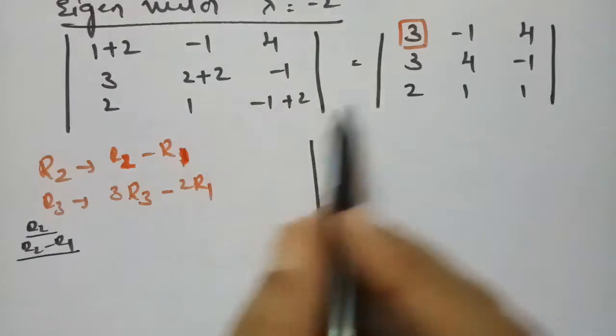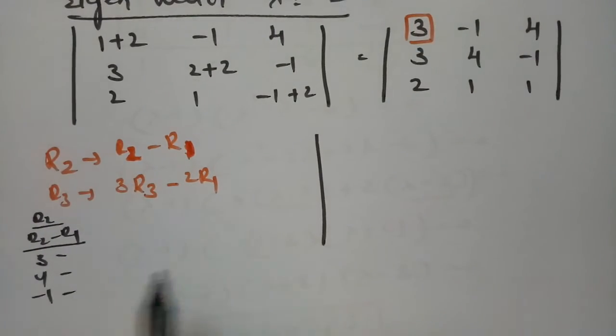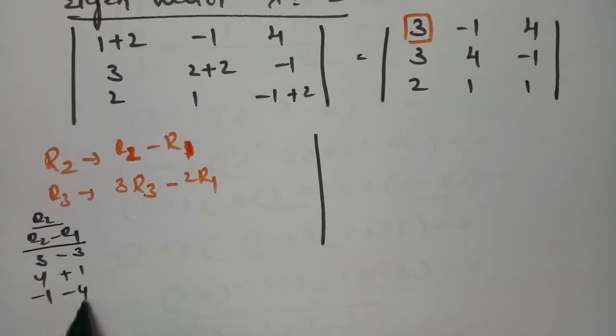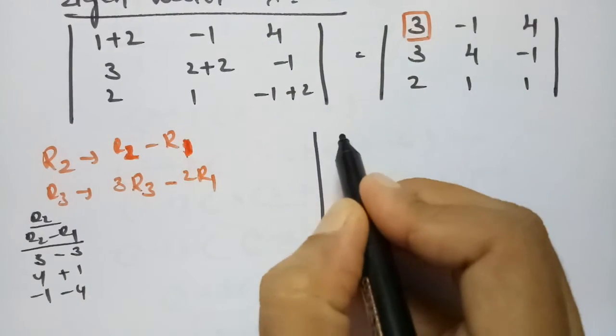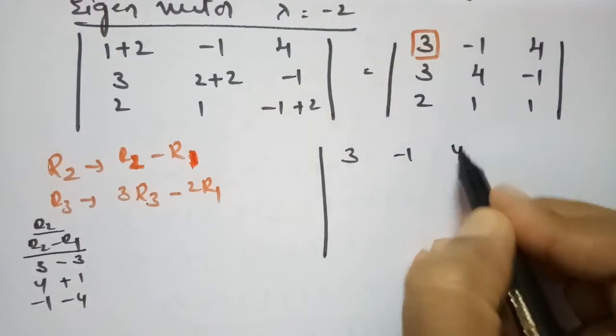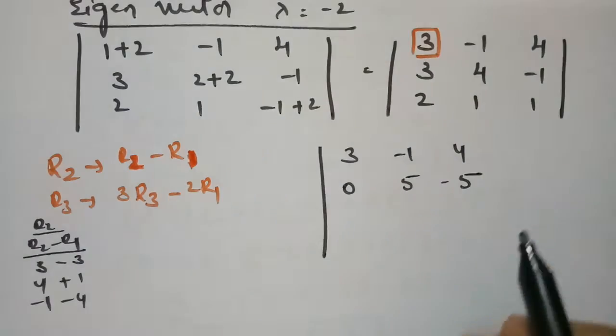So what is R2 here? R2 is 3, 4, minus 1, minus R1. Row 1 is as it is, that is 3, minus 1, 4, and row 2 will be 0, 5 and minus 5.